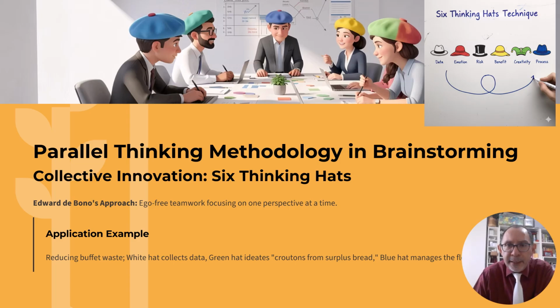In food-based meetings, this technique allows both technical risks and creative valorization ideas, for example, transforming surplus bread into croutons, to be objectively evaluated, facilitating balanced and comprehensive decision-making for sustainable outcomes.